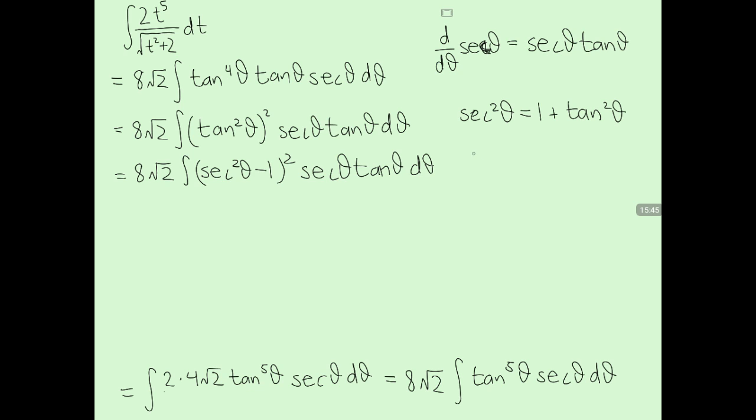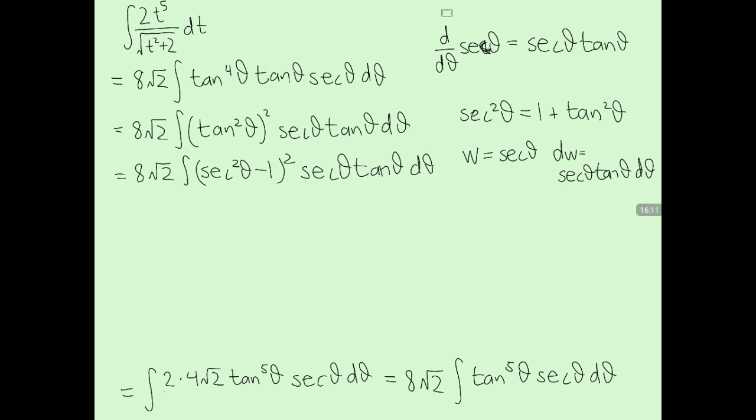So now let's have another variable. Let's just call this w. So w is going to be equal to secant theta, and dw is going to be equal to secant theta tan theta d theta.